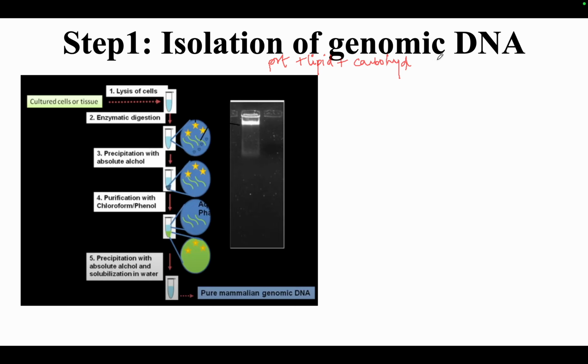In order to digest all the proteins and other macromolecules, we need to do enzymatic digestion. We just need our genomic DNA. So we need to digest all these other macromolecules with the help of different enzymes.